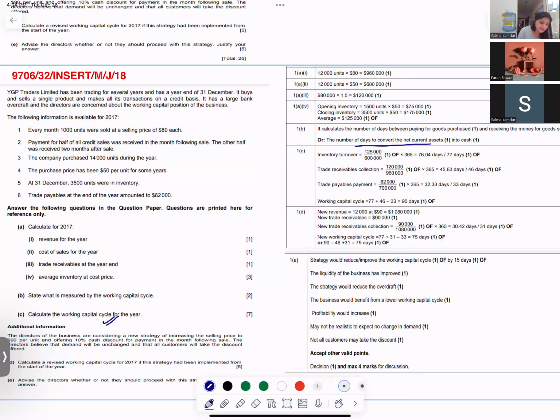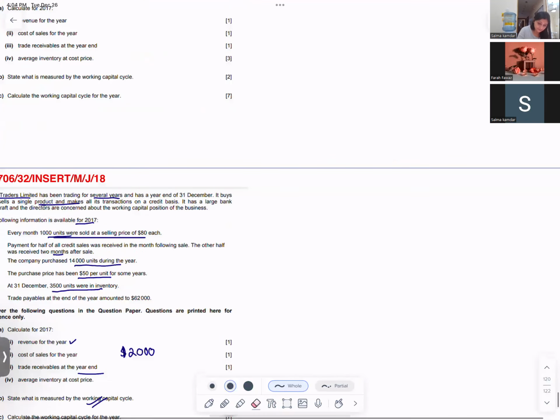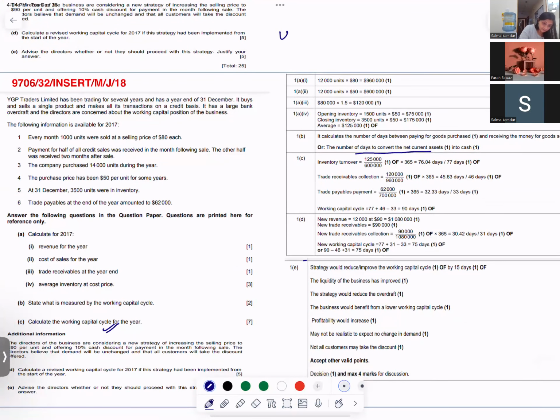Okay, fine. How to calculate the working capital cycle for the year? Tell me the formula. The trade receivable turnover ratio plus the inventory turnover ratio minus the trade payables turnover ratio.